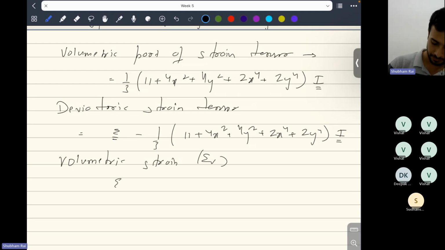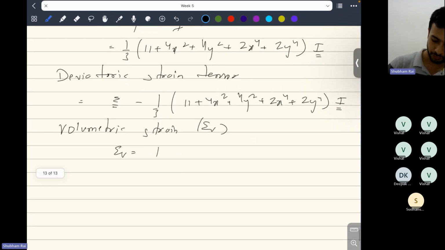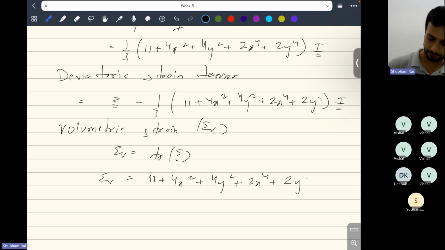That is given by the trace of the strain tensor, which we have already found out. That is 11 plus 4x square plus 4y square plus 2x⁴ plus 2y⁴. This is the final expression.